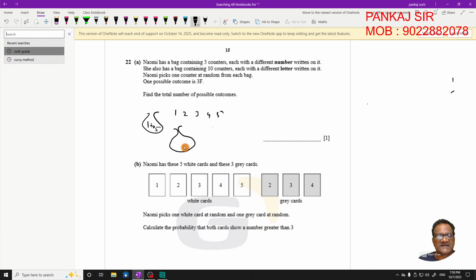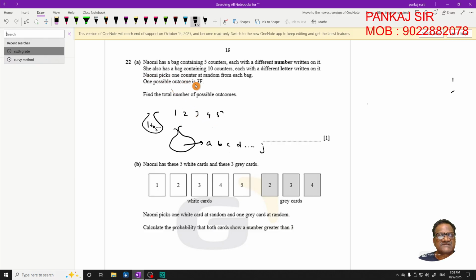Suppose the letters are A, B, C, D, E, F, G, H, I, J. So these are 10 different letters in this bag, and in the other bag she has 5 different numbers, 1, 2, 3, 4, 5.